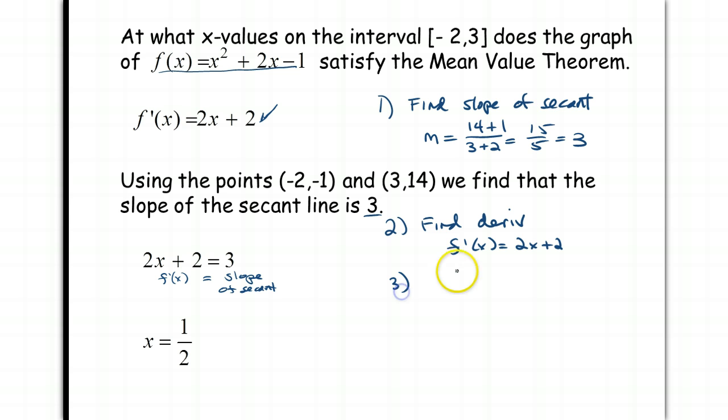Number 3, set the derivative equal to the slope of the secant and solve. Because you're finding the slope of the secant, you want to know what x value on my tangent line has the same slope.